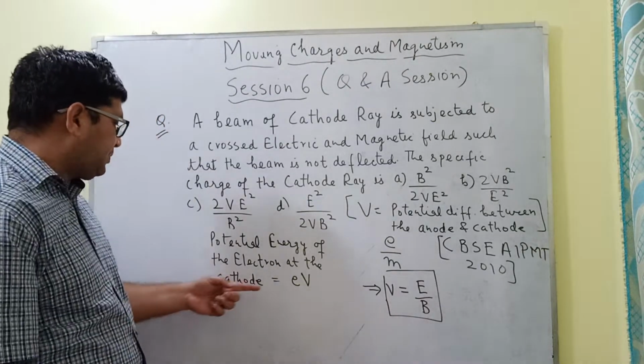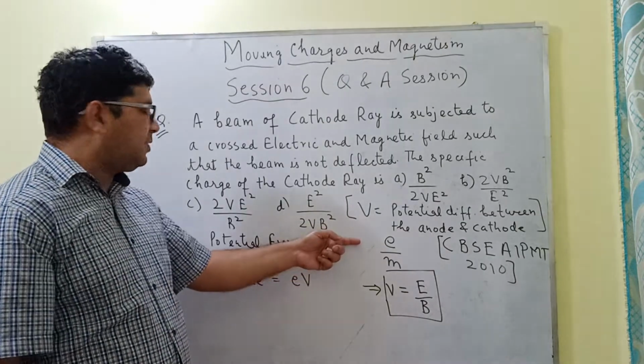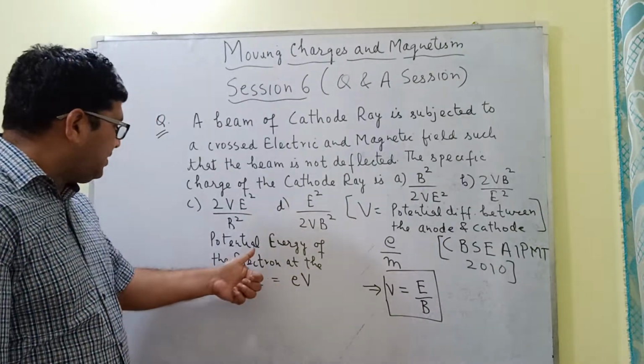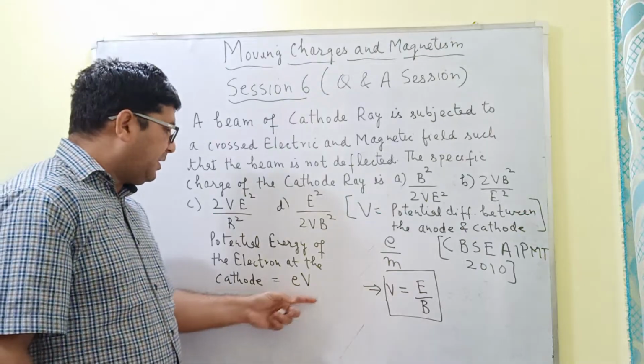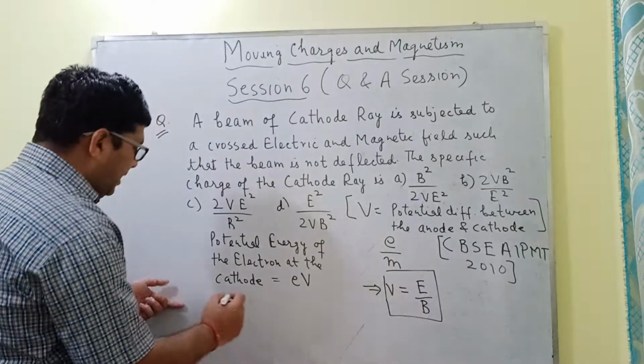Now when this electron moves from the cathode towards the anode, this entire potential energy will get converted into kinetic energy at the anode.